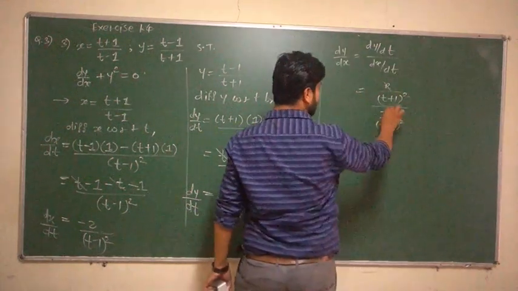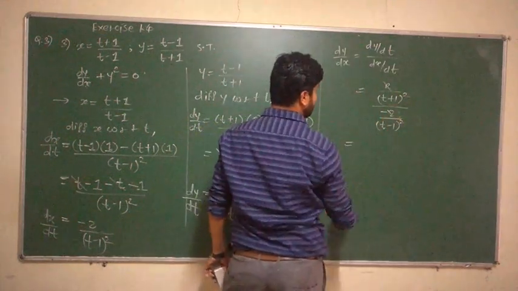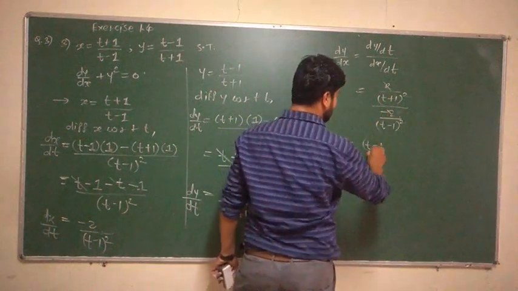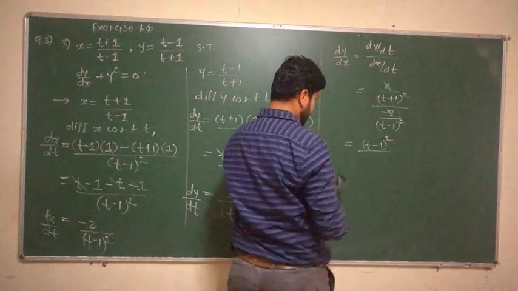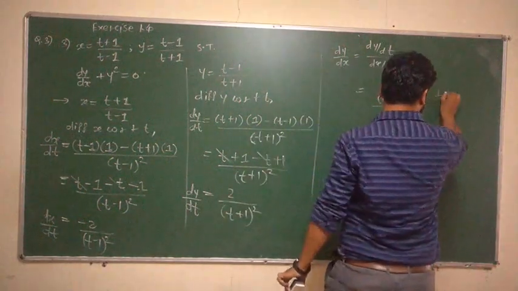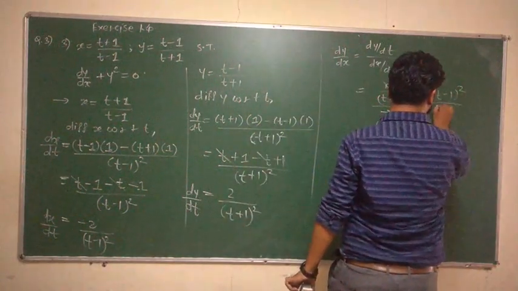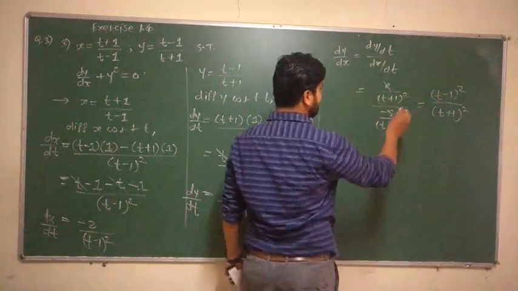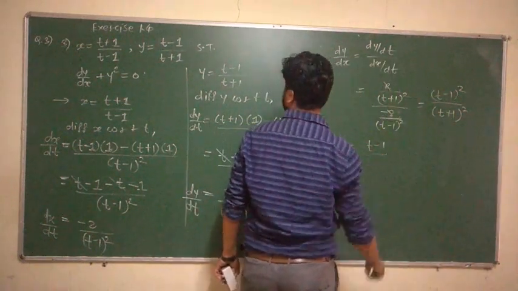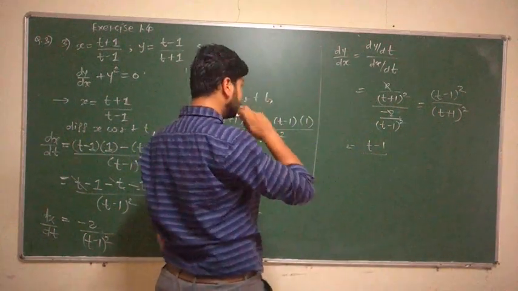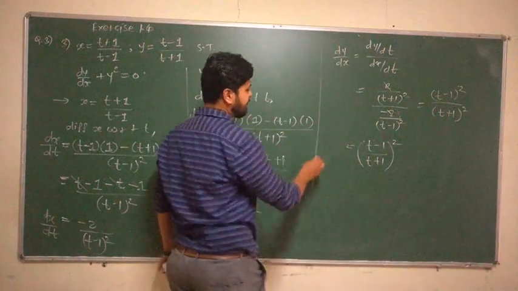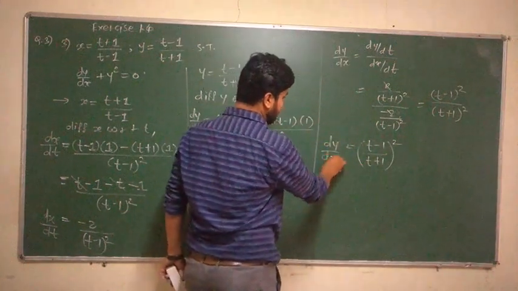Here this 2 gets cancelled. This term is a upon b upon c upon d, so it can be written as minus t minus 1 bracket square upon t plus 1 bracket square, or t minus 1 upon t plus 1 whole bracket square, equal to dy by dx.